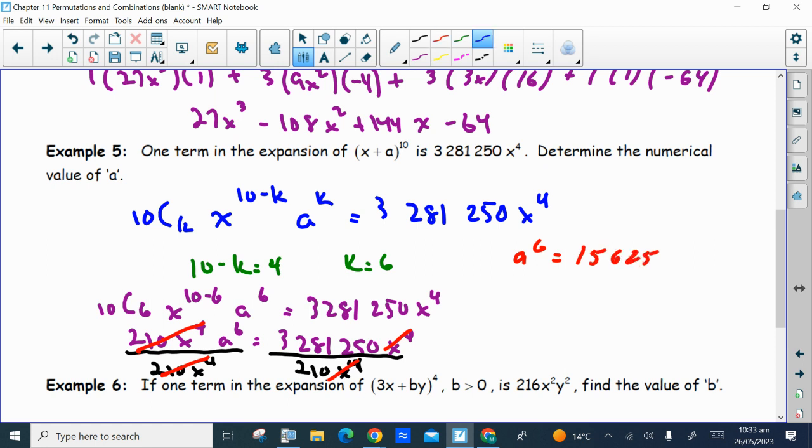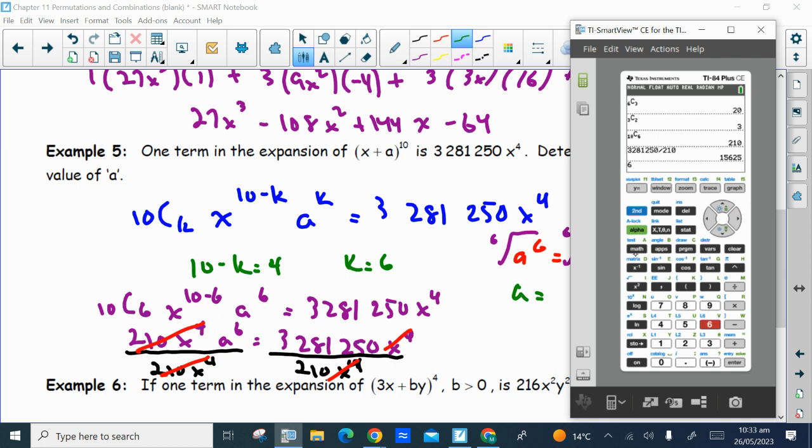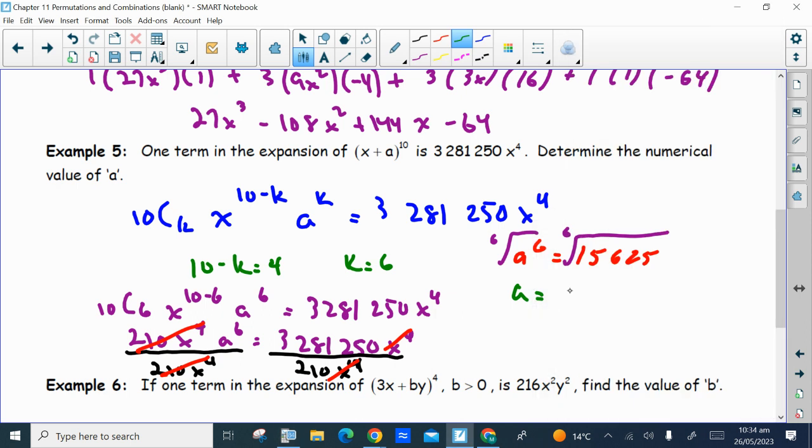Then to find out what a is, we take the sixth root of both sides. The sixth root of 15,625 is 5. So there we go, we've determined the numerical value of a.